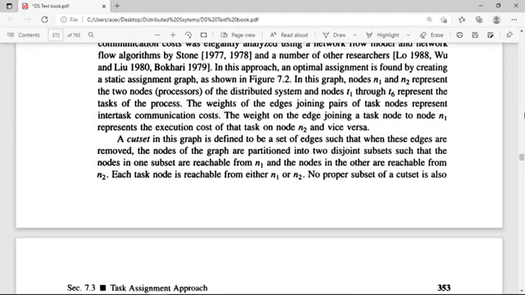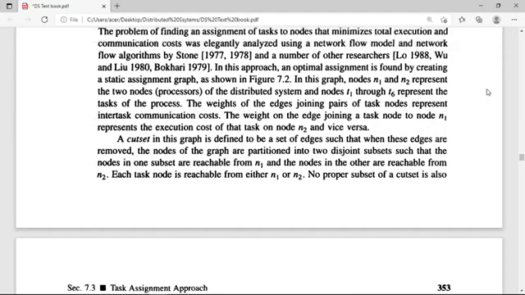What we will do here in optimal assignment of tasks is, a cut set in this graph is defined as a set of edges so that when these edges are removed, the nodes of that particular graph can be divided into two disjoint subsets.